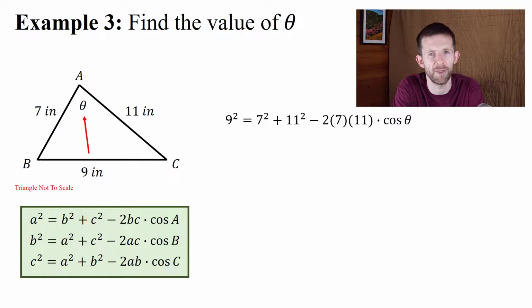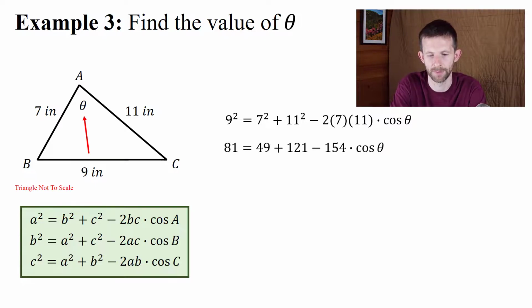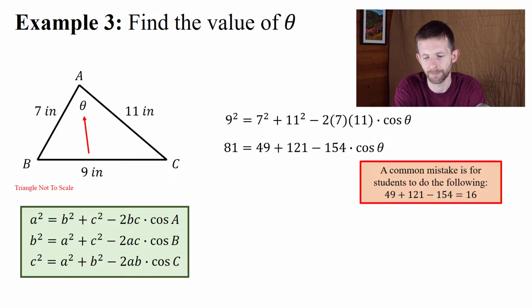Again, setting up that Pythagorean theorem setup, minus 2 times the 7 and the 11, both of those are on the right side, times cosine of theta. I'm going to multiply the 9 squared, the 11 squared, and the 7 squared, and get 81 is 49 plus 121 minus 154 cosine of theta.